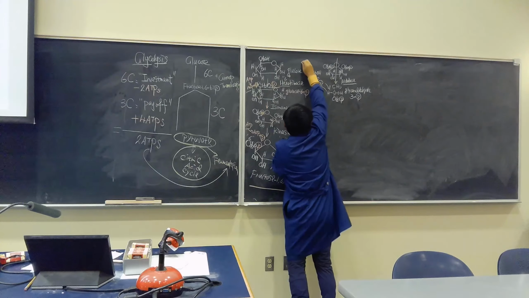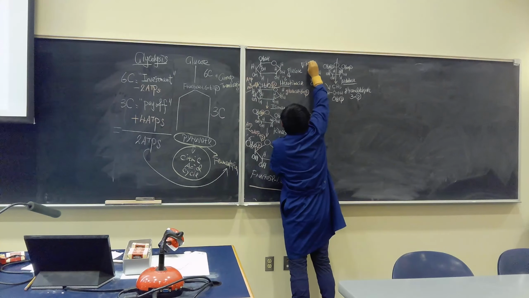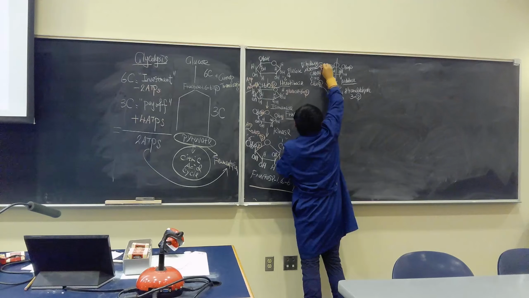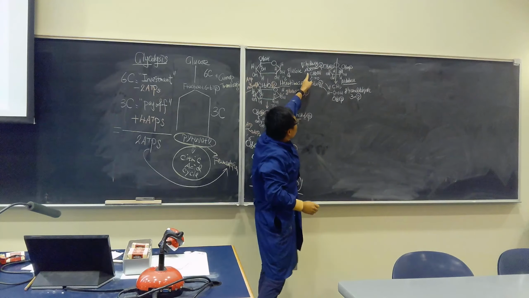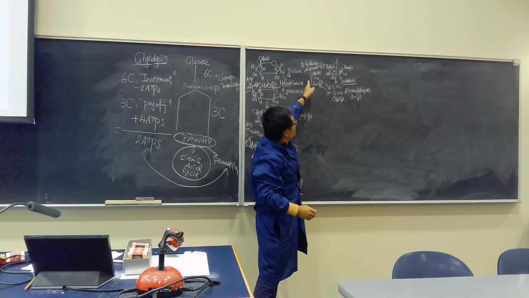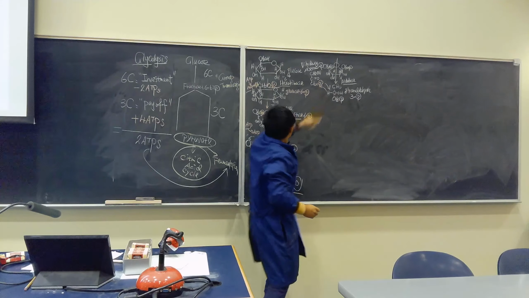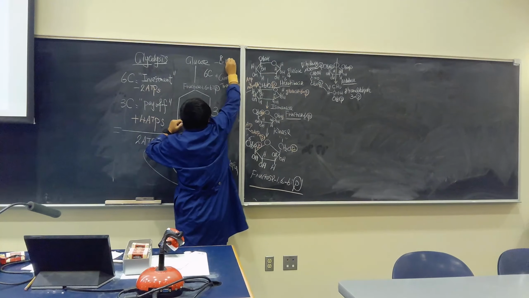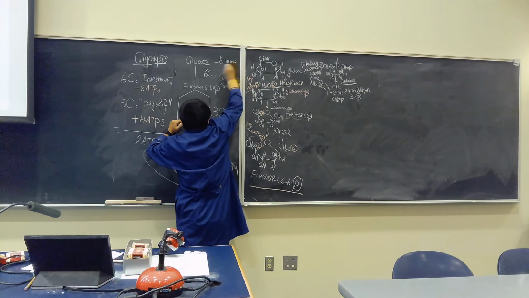This we call dihydroxyacetone phosphate. So what is acetone? A 3-carbon ketone. That's a ketone. Okay? And you need to know this is ketone. And what is this?